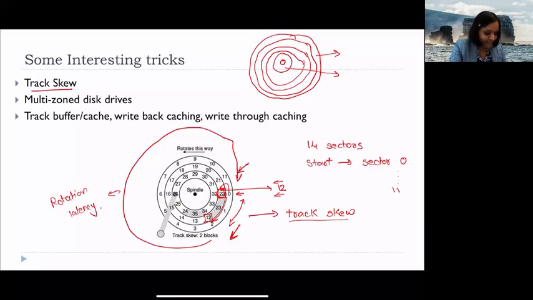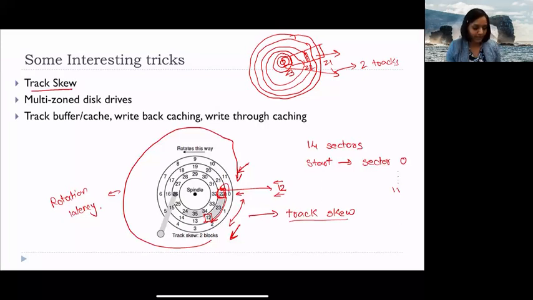In multi-zone disk drives, we divided the tracks into different zones. Let's say the outer two tracks form zone 1, the next two form zone 2, and the next two form zone 3. So here we have 3 zones, Z1, Z2, Z3, and each zone consists of 2 tracks.